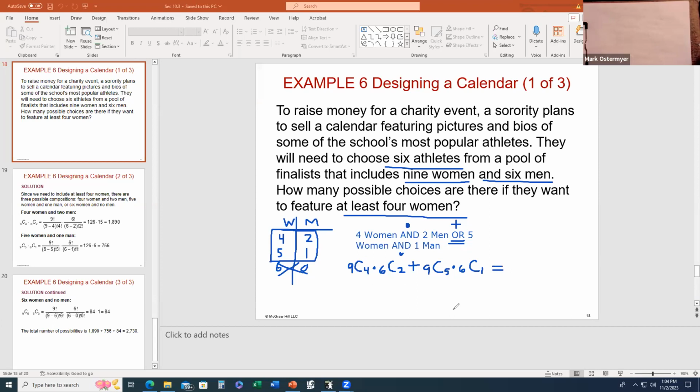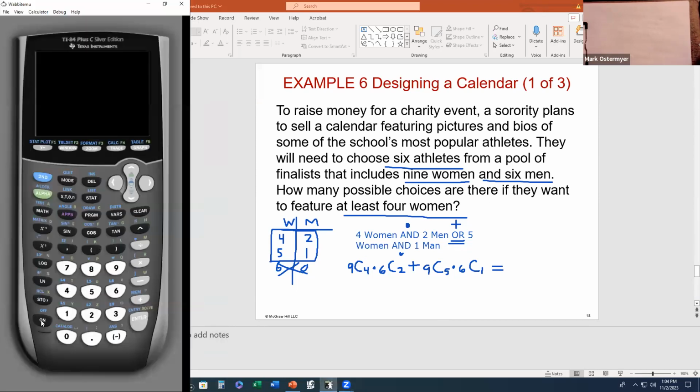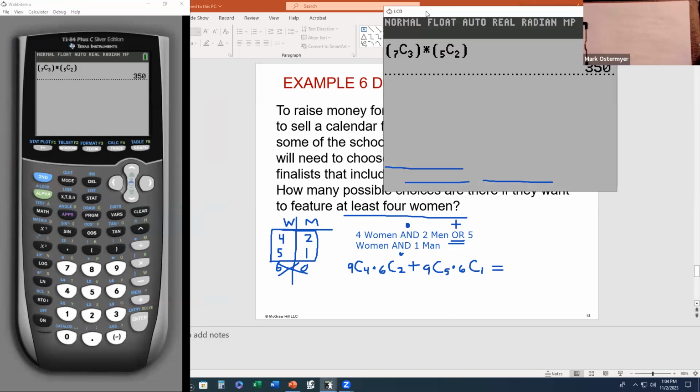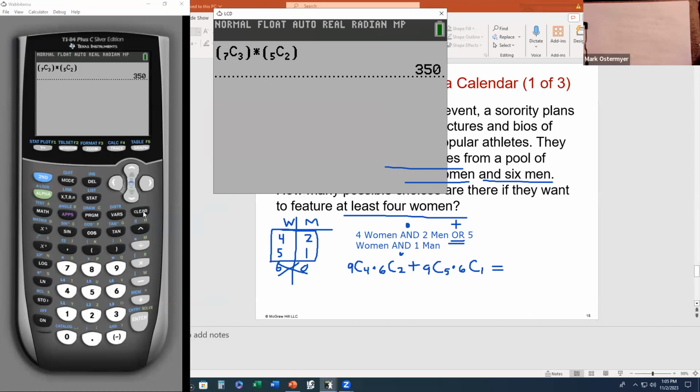Now let's see if we can dial this all up on our calculator here. So let's go get our machine. And again, for safety reasons, I would enclose your combination inside parentheses.